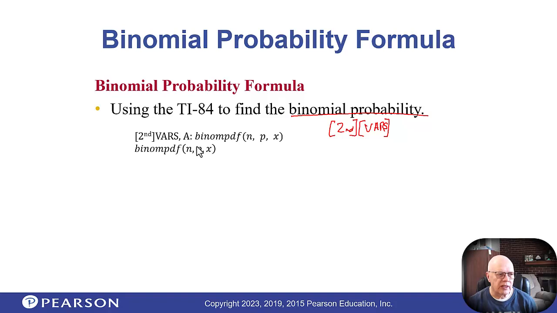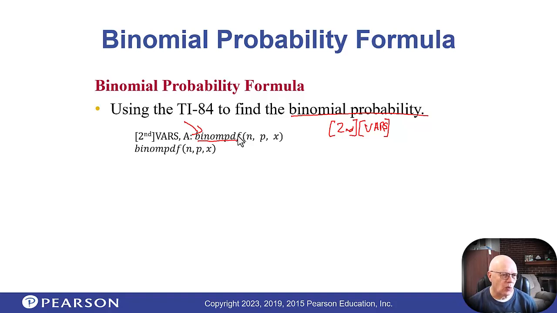Now that's going to get you to a menu. And this is a rather long menu. What you have to do is go the whole way down to BINOM PDF. Binomial probability density function is what it represents.